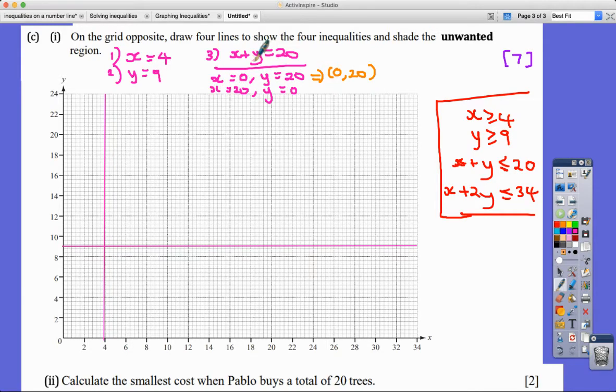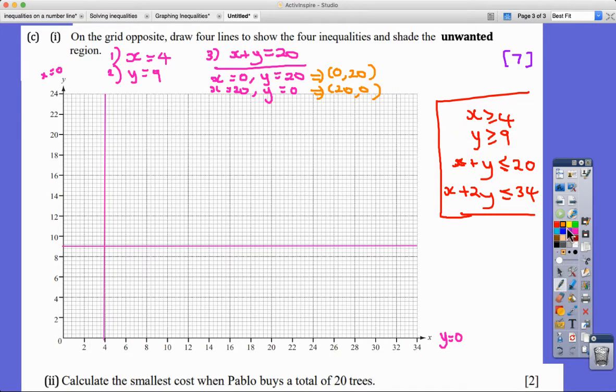When y is equal to 0, that is actually the other way of describing the x-axis, and the other way of describing the y-axis is x equals 0. So this would be (20, 0).